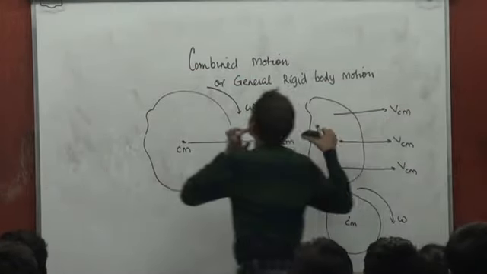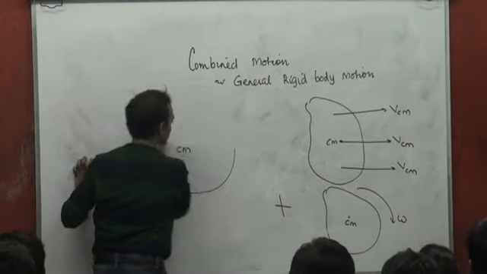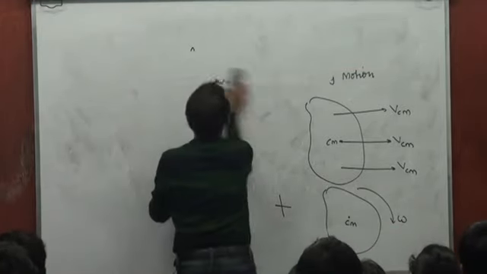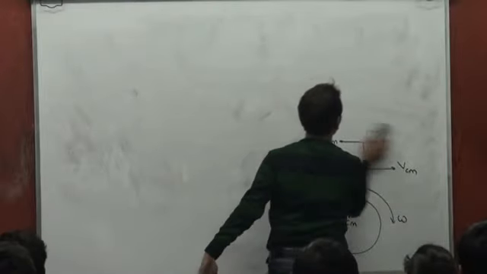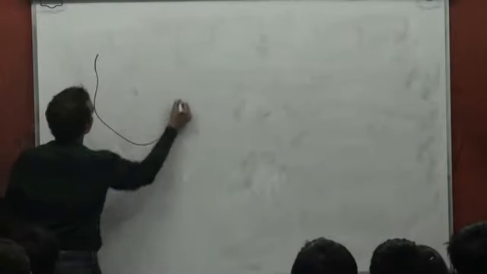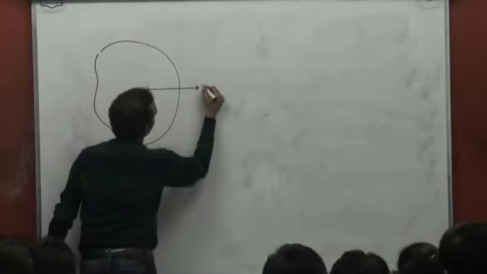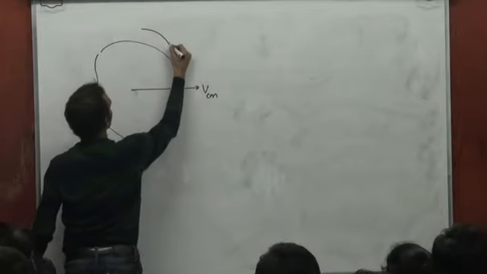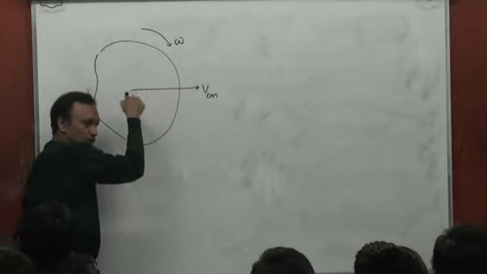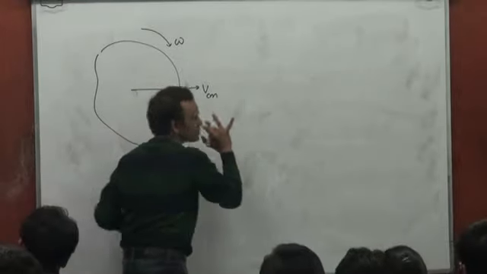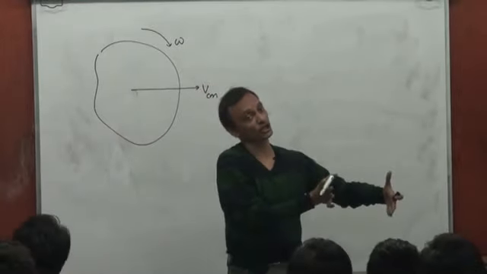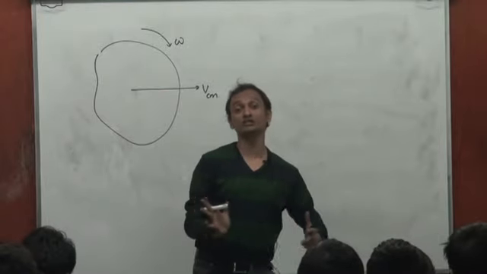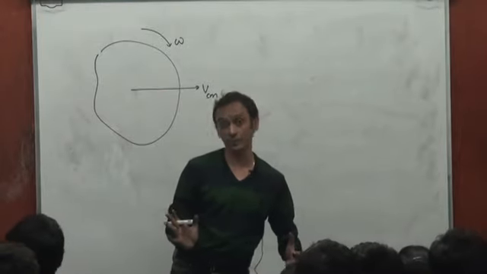Means now this is general rigid body motion, completely uniquely characterized by a VCM and omega. This is general motion, right? In which there is reorientation as well as translation. Reorientation because of omega and translation because of VCM, right?